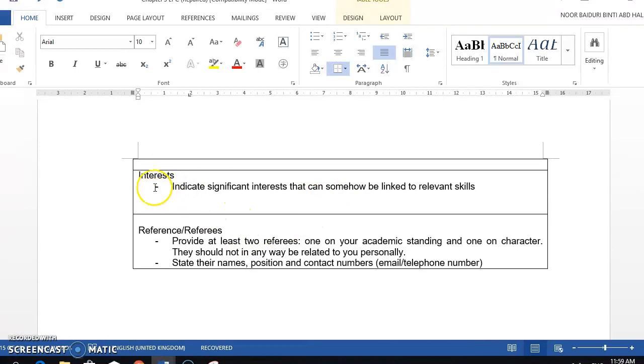Next, you can indicate your interest. Okay, I'm not talking about interest like shopping or eating, but something that can show that you have certain skills that are relevant to the job you are applying for. So for example, we talk about photography. So photography, what are the skills required when you are in photography?